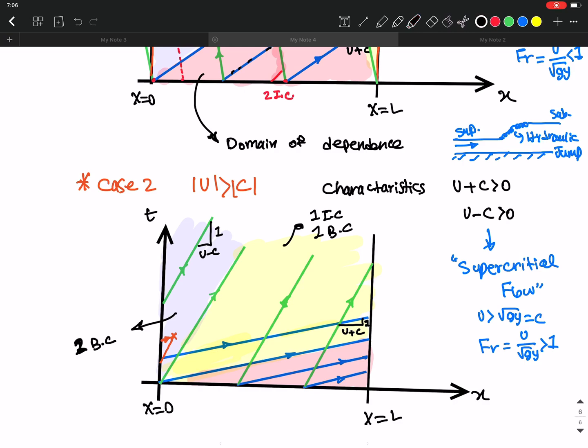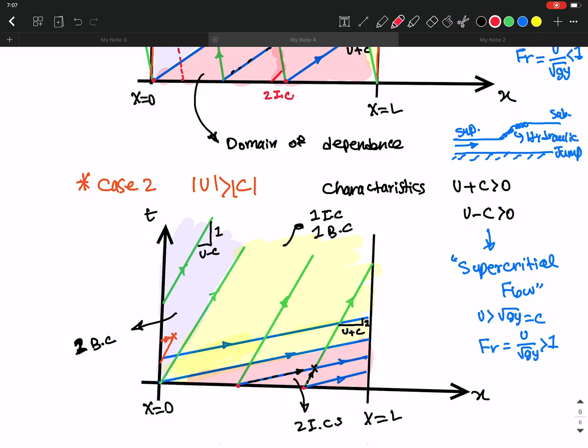And let's see what this means. Here you need two initial conditions. For example, at this point, you see, you need two initial conditions, one here and one here.